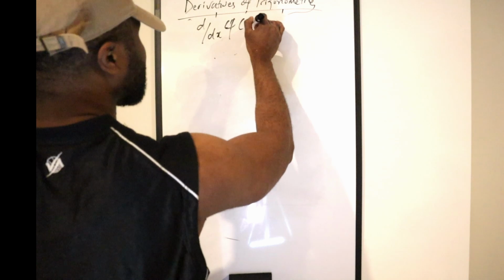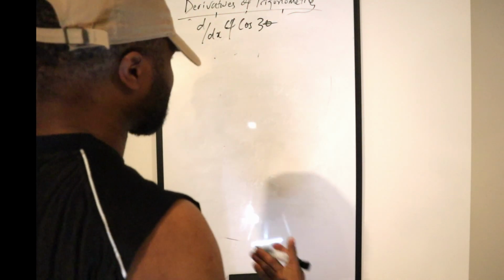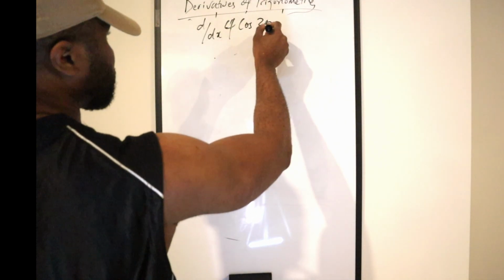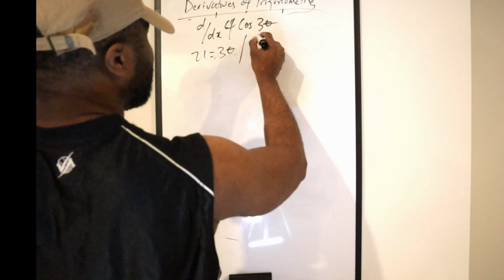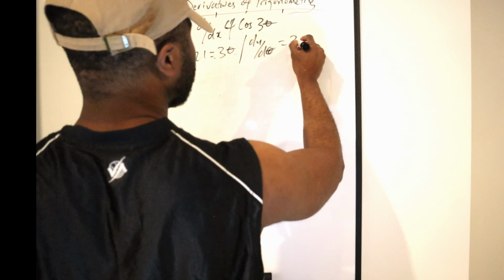Now 4 cos 3 theta. How do you differentiate this? We use the chain rule as well. So u here, we call u as 3 theta. So u is equal to 3 theta, and du over d theta gives you 3.